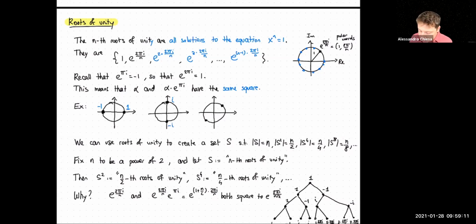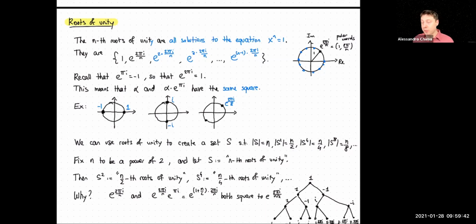Well, the entire circle is 2 pi, right? Half a circle is pi. Half a circle of that is a quarter, okay? So this one, it's e to the pi i over 4. The full circle is 2 pi, so this is 1/8 of that, right? Or you can think about it as pi over 4, 2 pi over 8 or pi over 4.